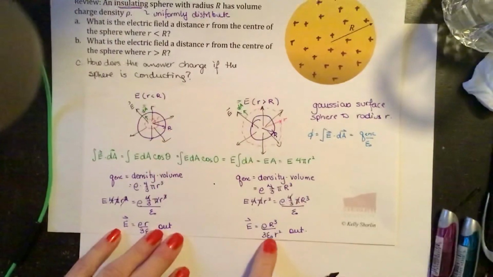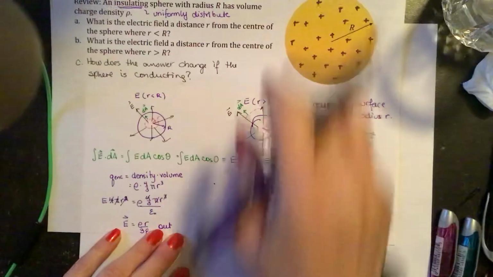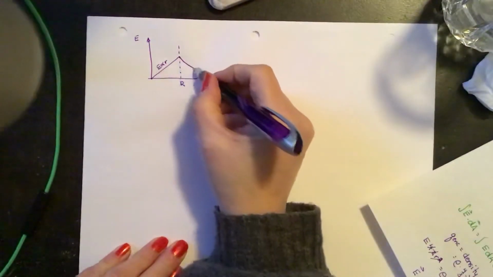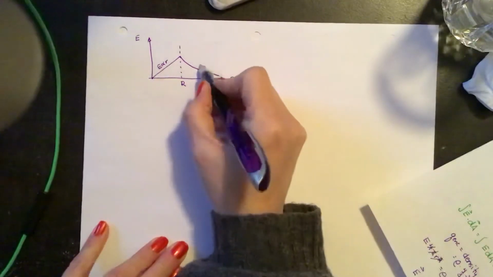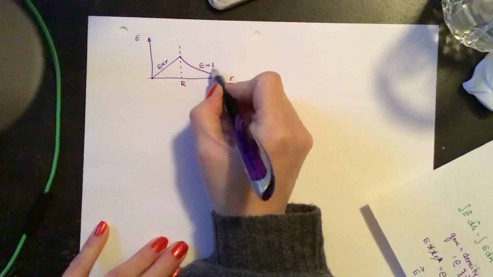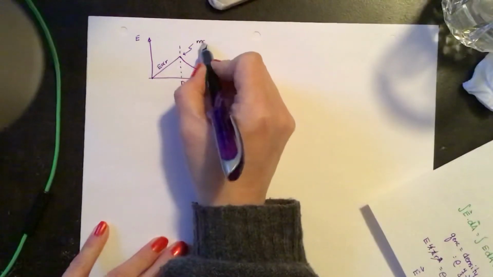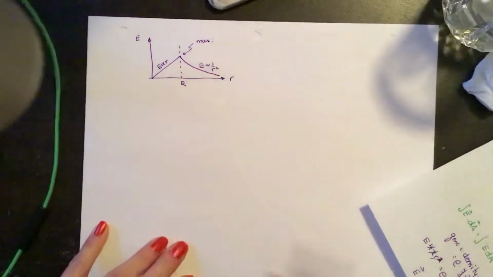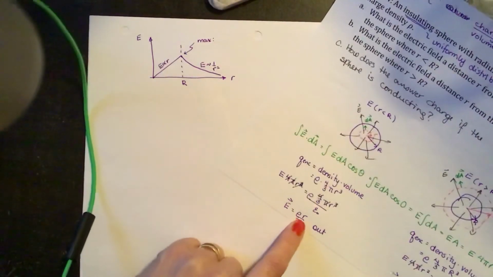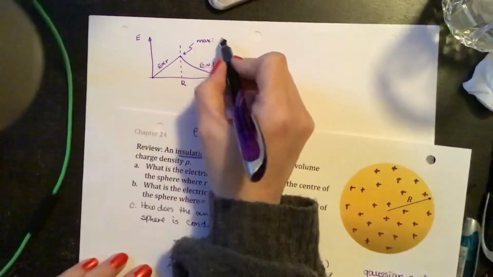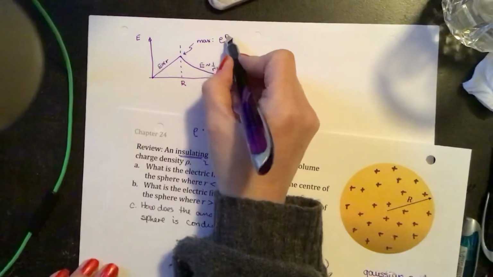Once you get outside, it falls off as 1 over r squared. And right here, our maximum value occurs at the surface itself, and that value is equal to the density times the radius of the sphere divided by 3 epsilon naught.